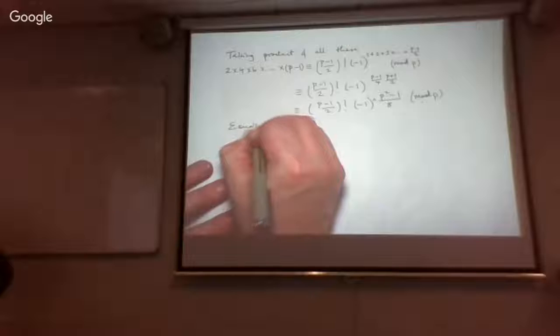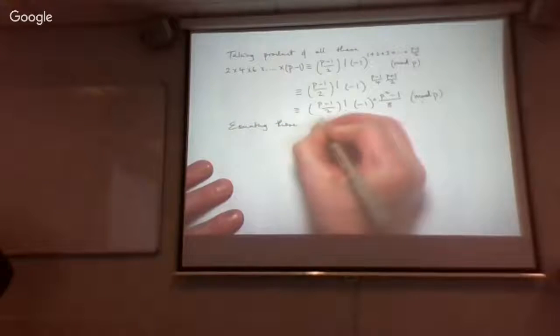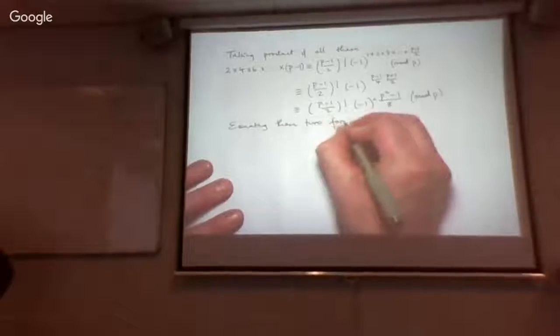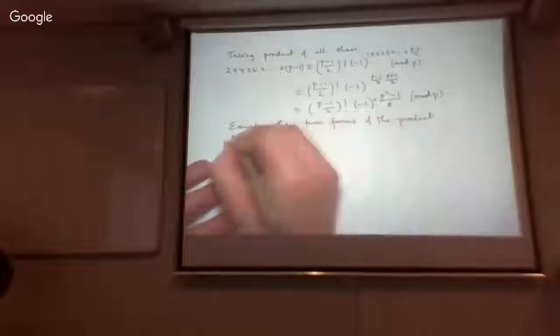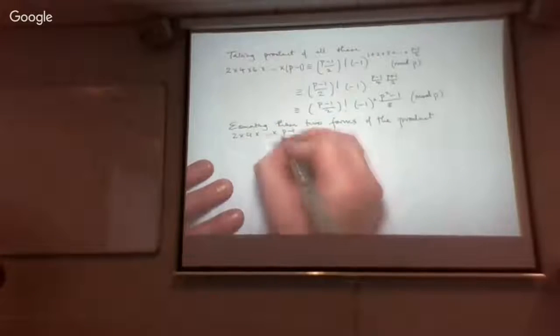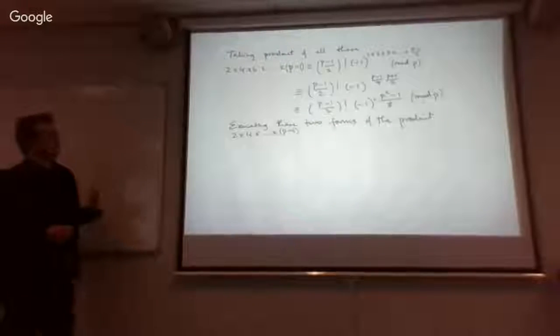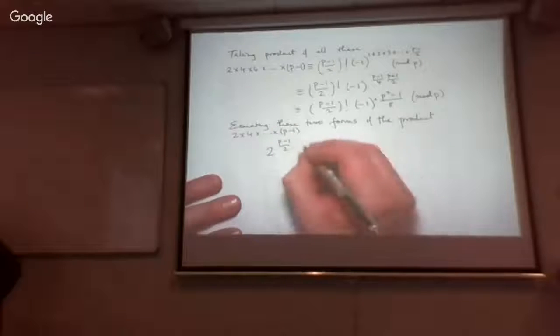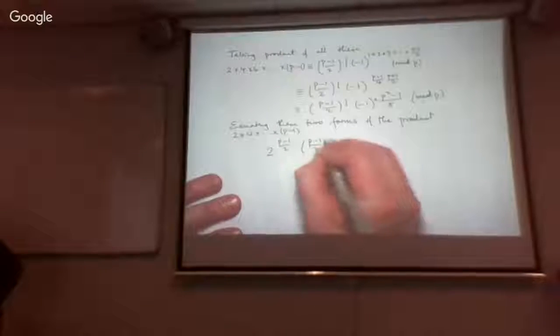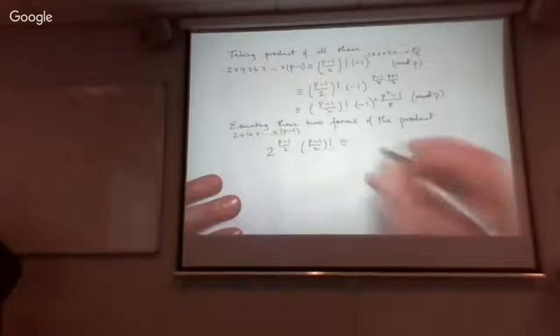So equating these two forms of the product, 2 times 4 times all the way up to p minus 1, equating those two, what I get is 2 to the p minus 1 over 2 times the factorial of p minus 1 over 2 is congruent to the factorial of p minus 1 over 2 times minus 1 to the p squared minus 1 over 8.